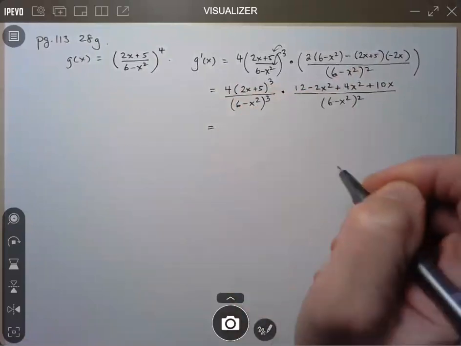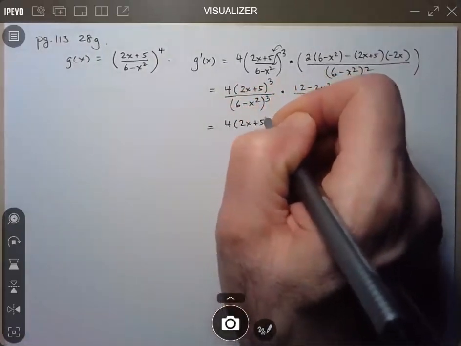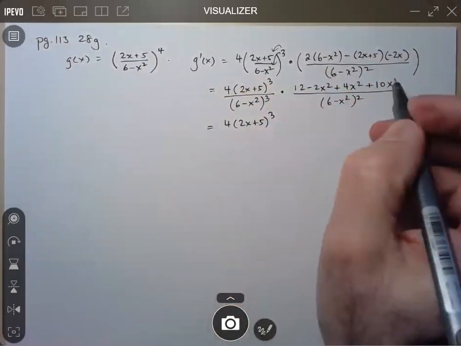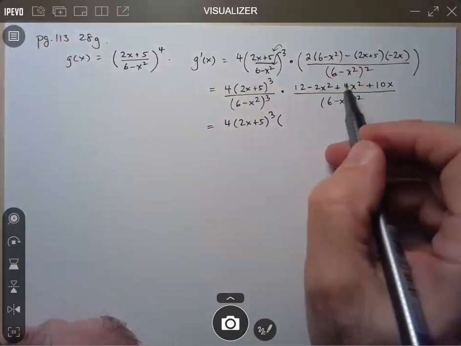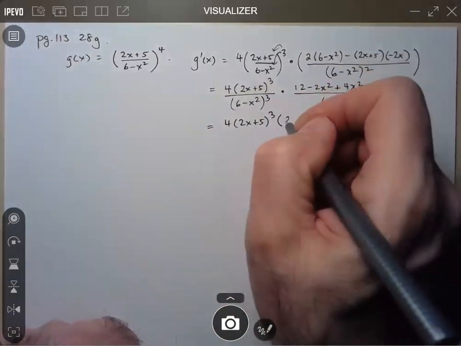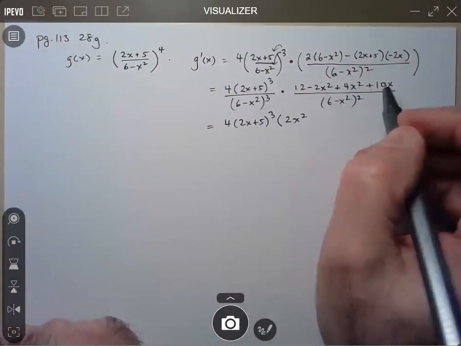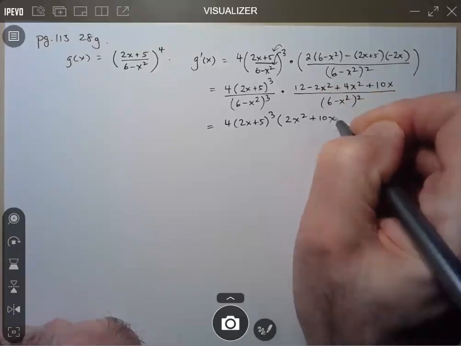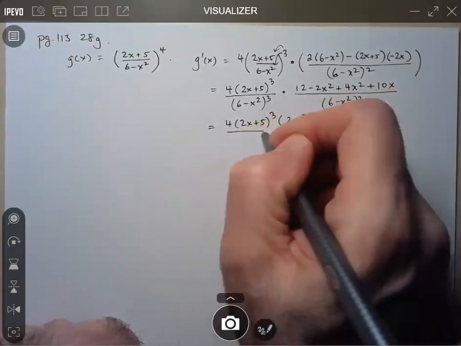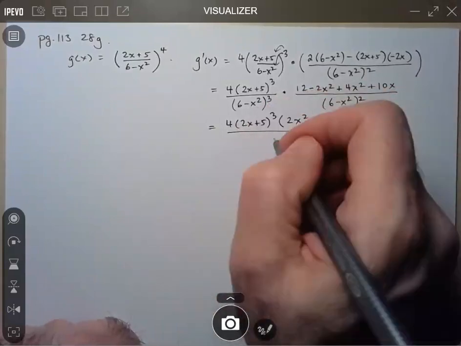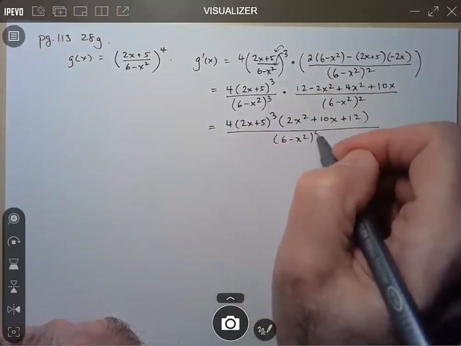Okay, and now we can simplify. So we've got our 4 times (2x plus 5) all cubed. Here, let's see what we've got left in our bracket. So negative 2 plus 4, so we've got a 2x squared. Then here we've got a plus 10x, and then it looks like we've got a plus 12. Now I'm going to bring together these two denominators, 6 minus x squared all to the 5.